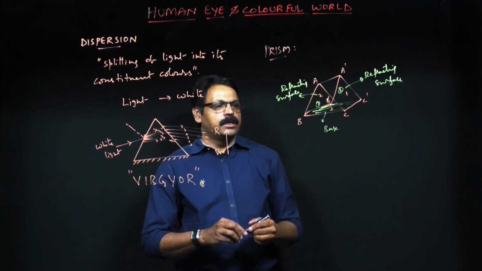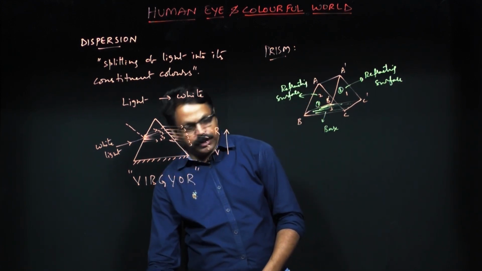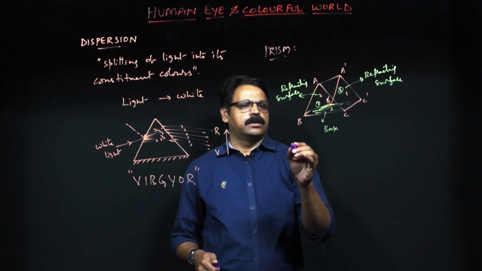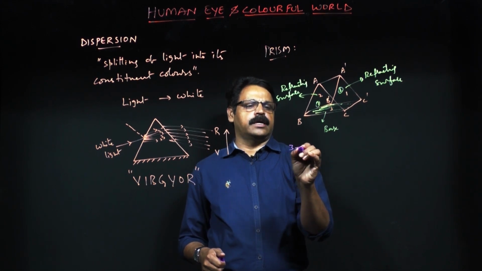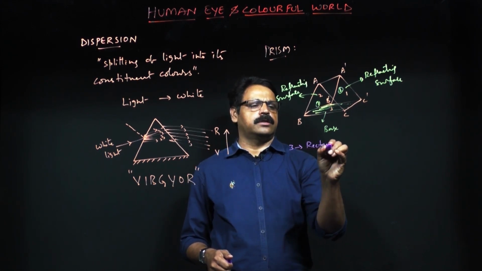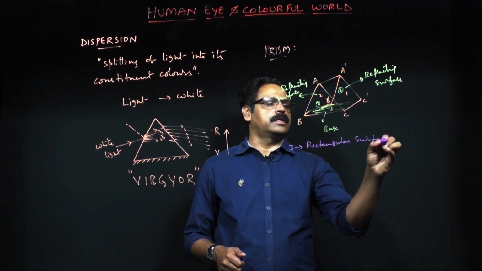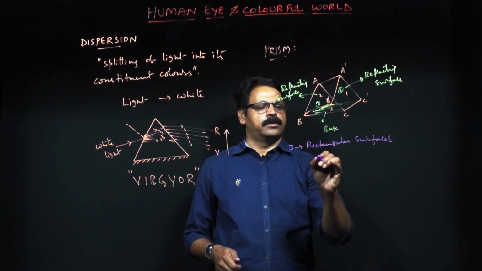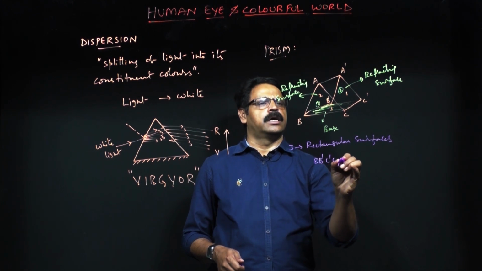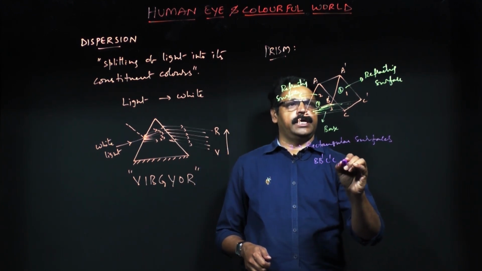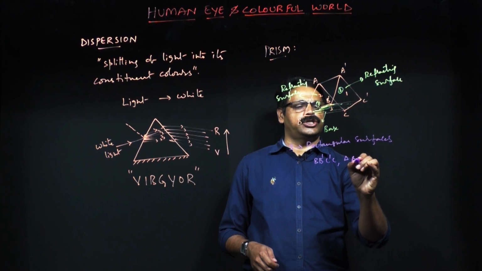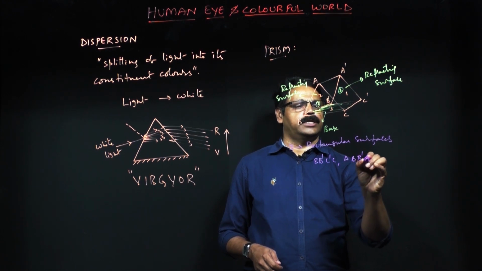So here, in particular, you can write that it has three rectangular surfaces, and here you can denote them as B dash, C dash, C, and AB, B dash, A dash.